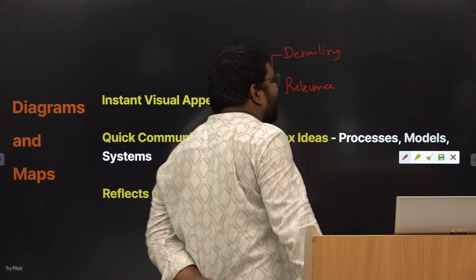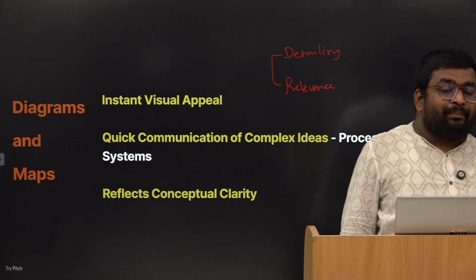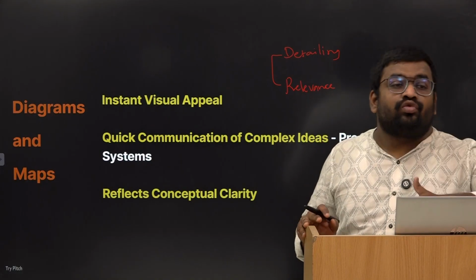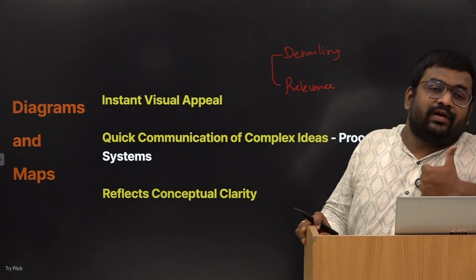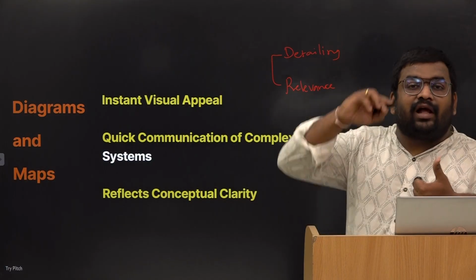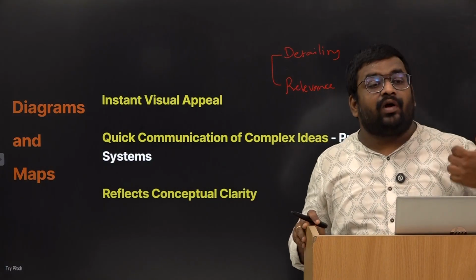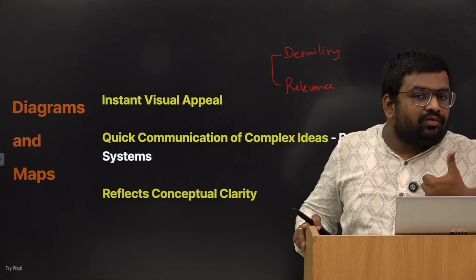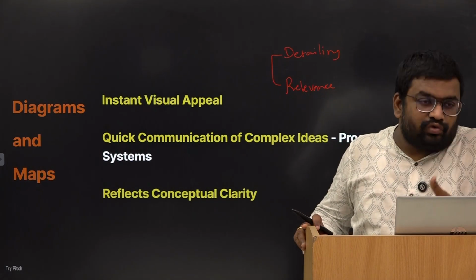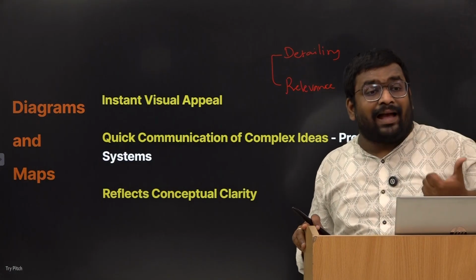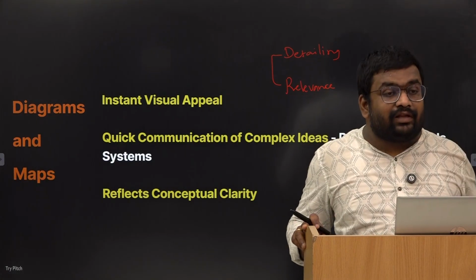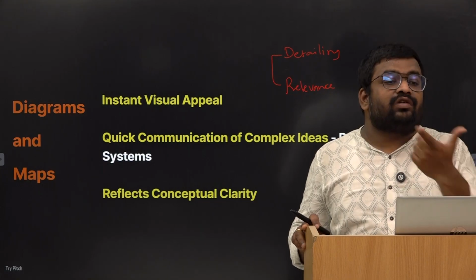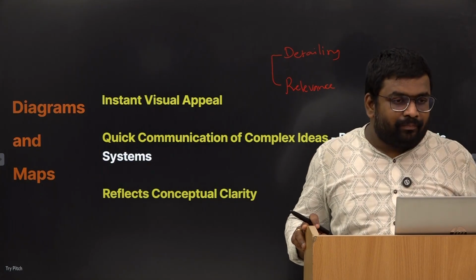Detailing as in each and every map that you are preparing, there has to be details filled into it. सिर्फ इंडिया का पूरा मैप निकाल के if you are showing just one place, then that won't be of any use. If you are drawing a map, it should be detailed, it should highlight multiple aspects. At least 5 to 6 points should be highlighted in your map.